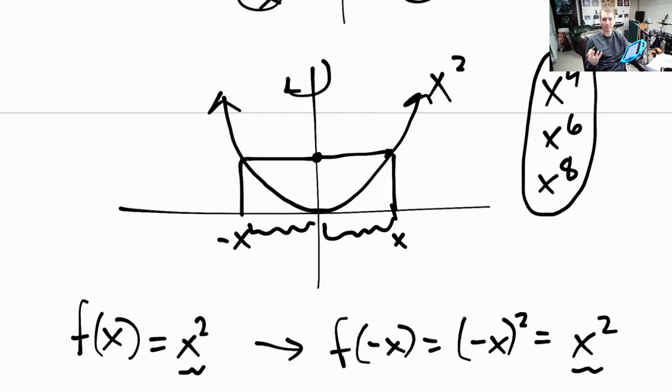So it's even. This is how you test if the rule for a function is even when you don't have the graph. You just take the rule, you plug in negative x, and you simplify. If you get the exact same thing as your original rule, you got an even function. Otherwise, it's not even. It doesn't mean it's odd. It might be odd, it might not be.